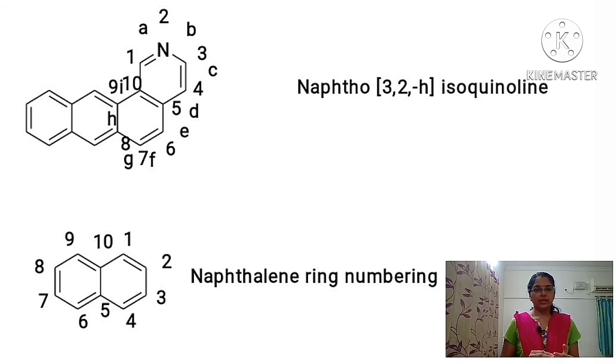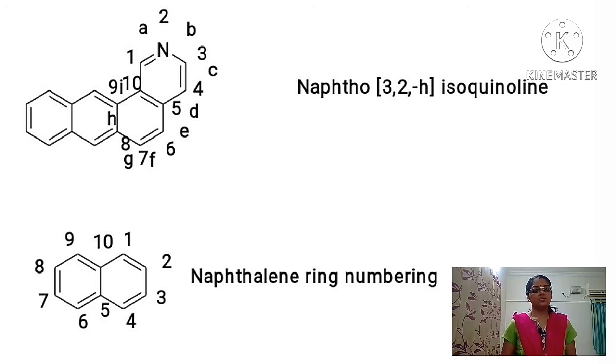After numbering, to distinguish the isomers, the peripheral sides of the parent compound should be lettered A, B, C, like that. That is, the bond between C1 and nitrogen, the first and second positions, is lettered A, and it should be followed like that.